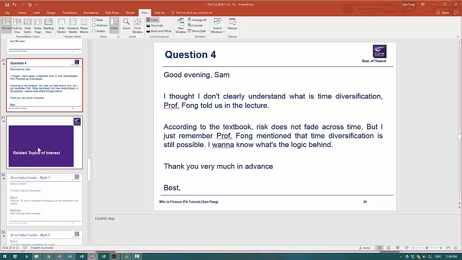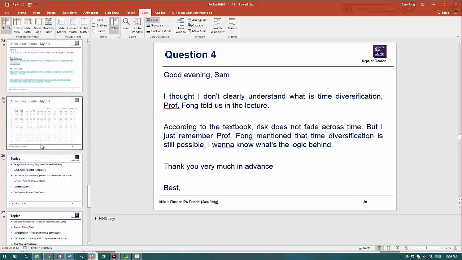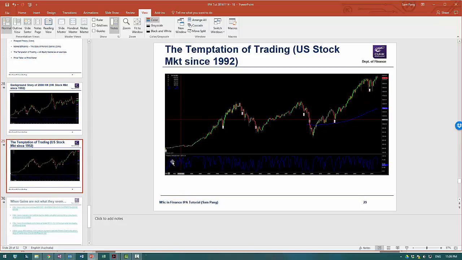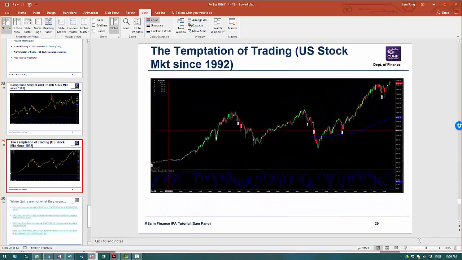Okay, now in reality, though, why do people still cling on to this idea? Now I'll show you a graph, and I think you will appreciate it. Now this is actually the historical return of the U.S. market. I think it's the S&P 500.